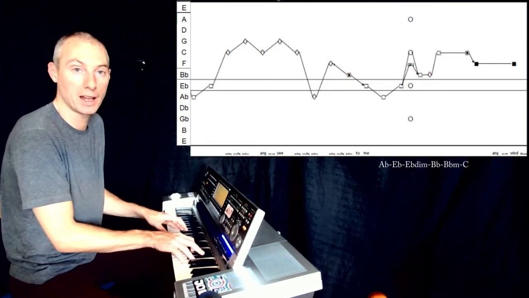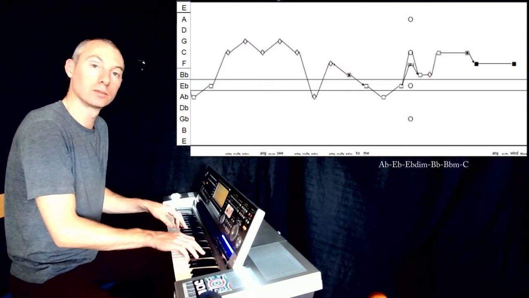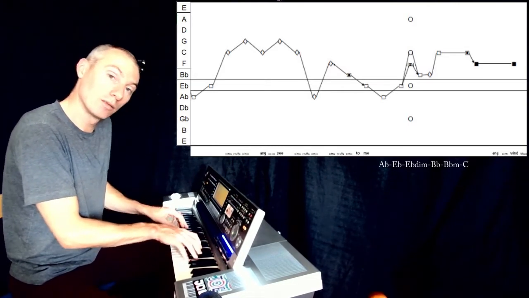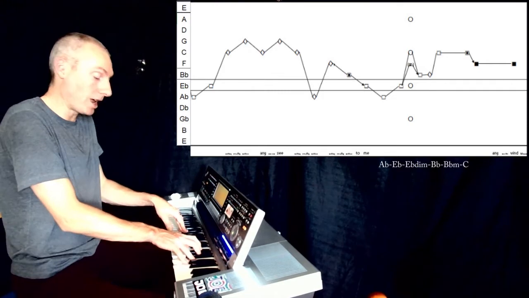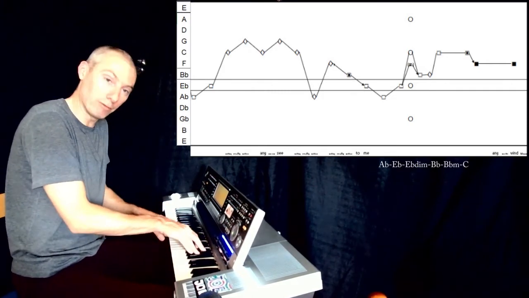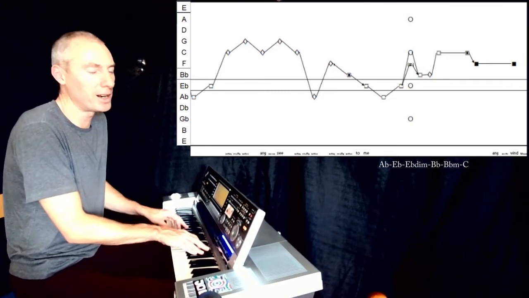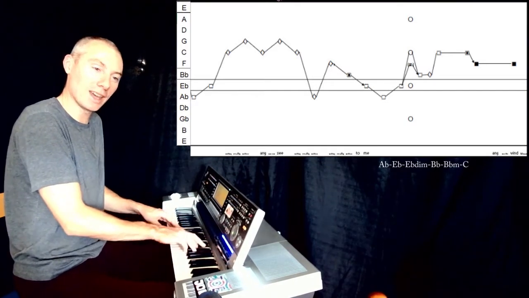If we're stuck in A flat and E flat, to put in this E flat diminished, B flat minor, C7.